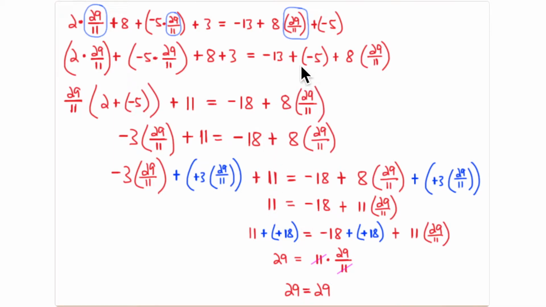On this side, negative 18 plus 8 times 29/11. Well, I added a positive 3 times 29/11 right here. So now I have 11 of these 29/11. I know it's hard to say and hard to think about, but it's no different than having 11b.